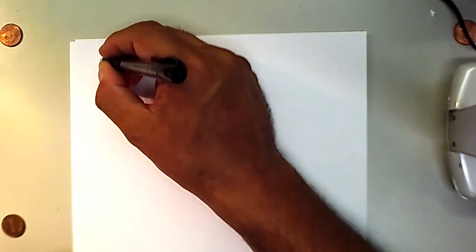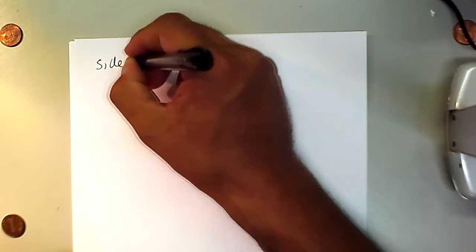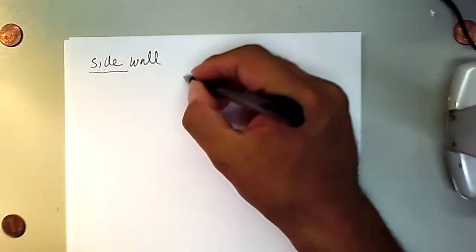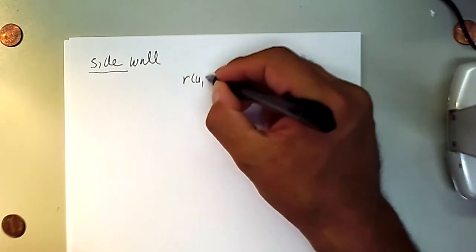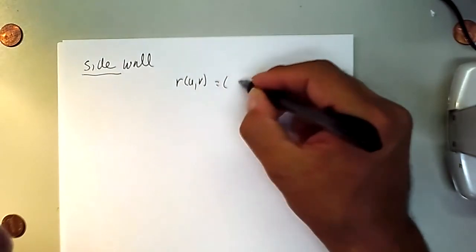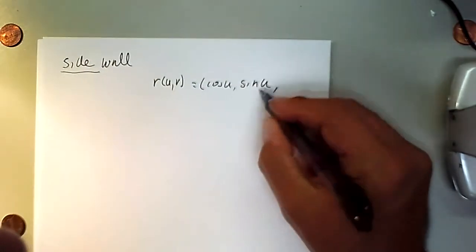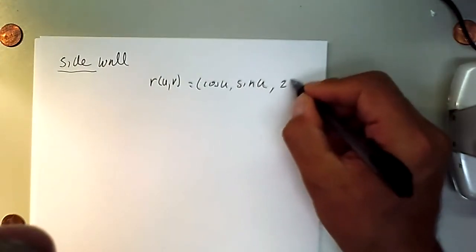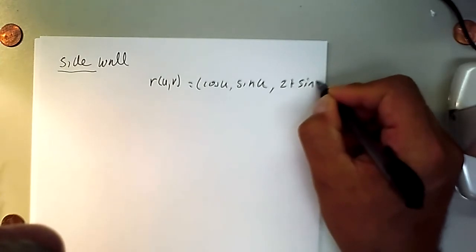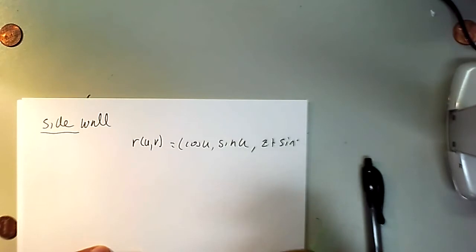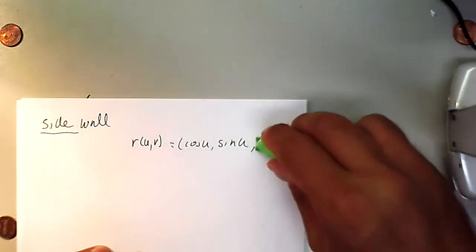So now we got the side wall. All right, the parameterization we used, u v, was cosine u, sine u, and then 2 plus sine, no, scratch that. Except that we're not going to scratch it, we're going to erase it.